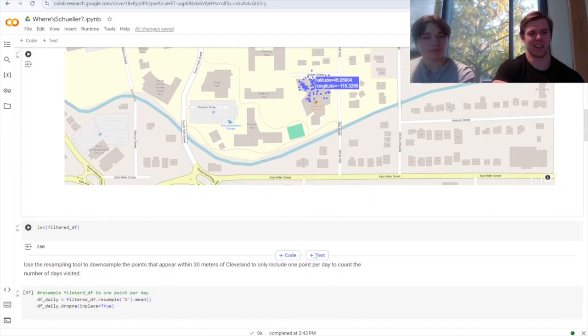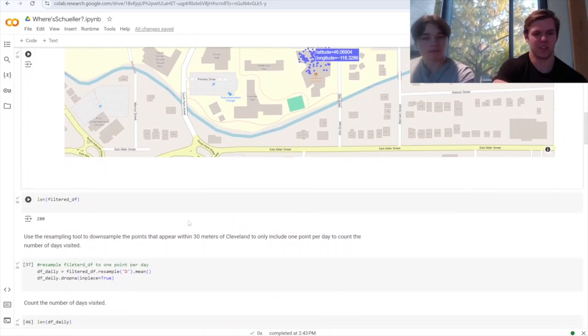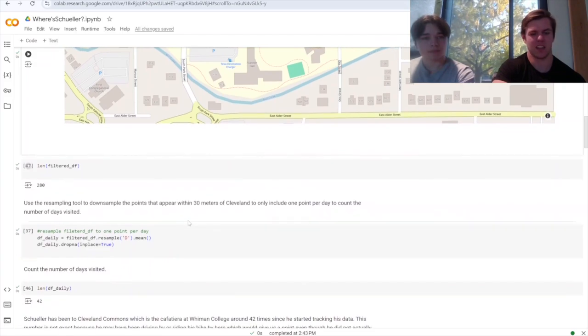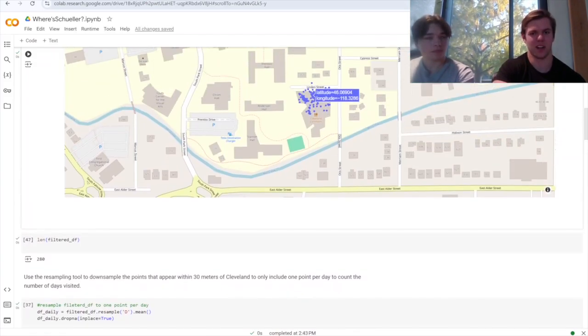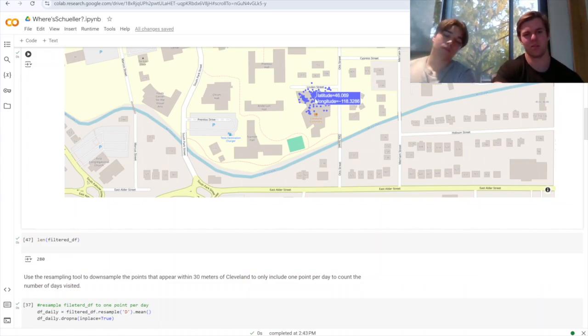So there's 280 days where he goes to Cleveland Commons, but not necessarily, because this would double count when he is in Cleveland Commons twice within like 2 minutes or 10 minutes. So we have to remove points where he's been there more than once in a day.